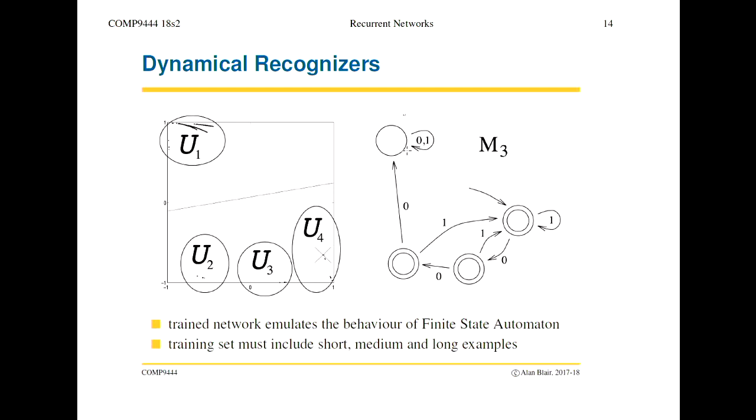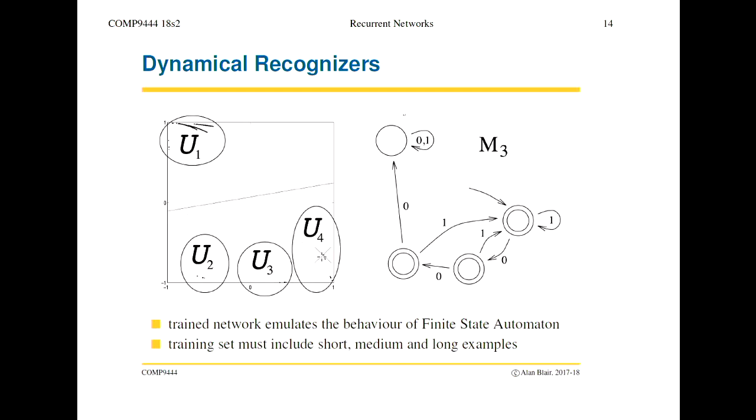So that's this finite state machine, and on the left here is actually the dynamics of a network that's been trained on these input streams. So we train the network, and then what we see is that the activations fall into these kind of clusters.